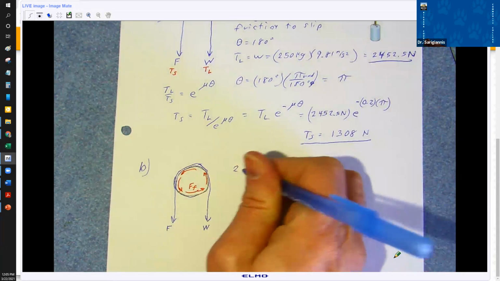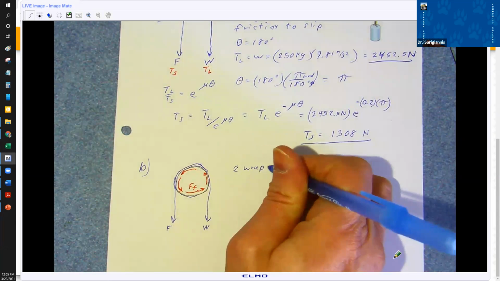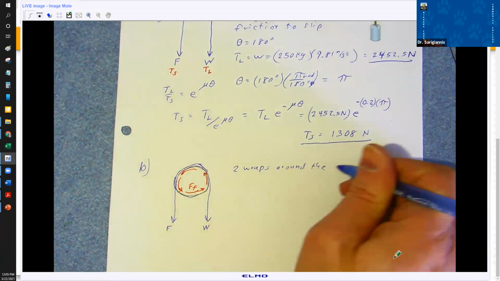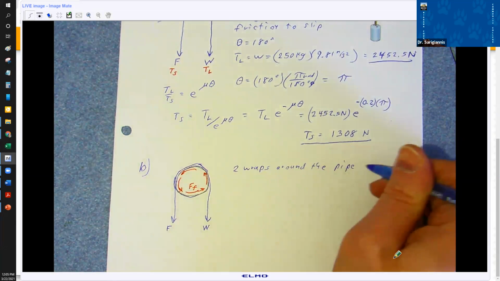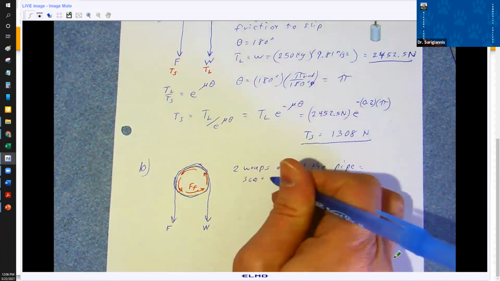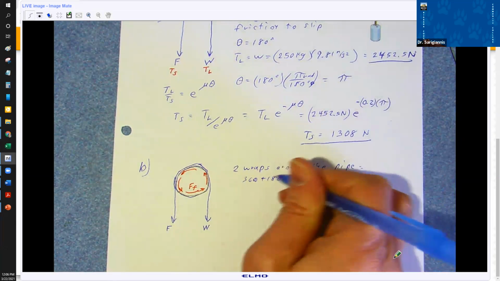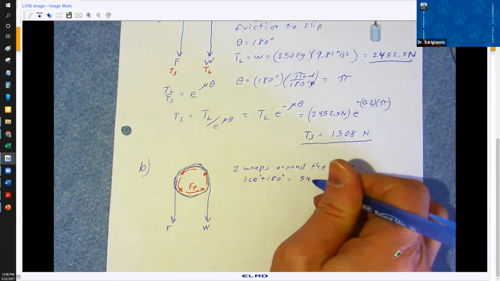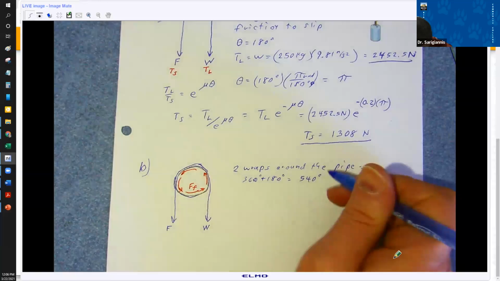So two wraps around the pipe, that's 360 plus 180, which gives you the 540 degrees.